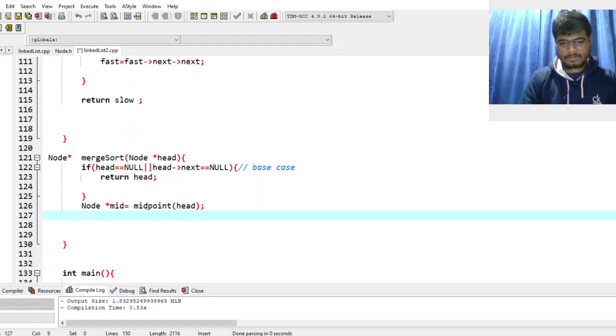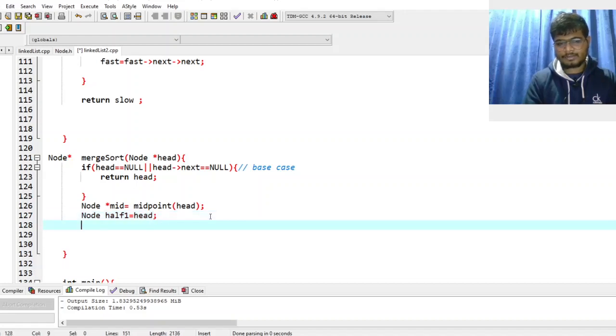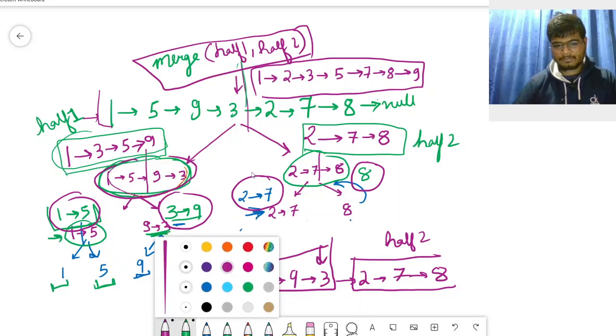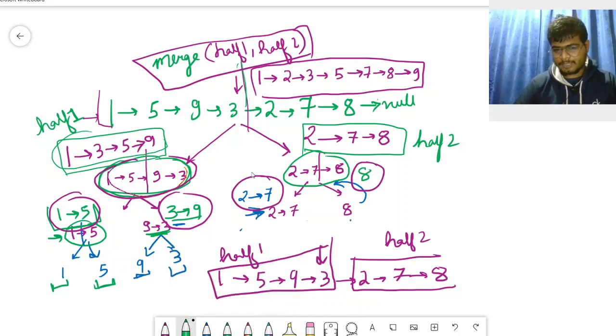So now I have called the mid, and now I'm going to have our half 1. What is half 1? Your half 1 is the part from head till your mid. This is your half 1 part. This was actually the head, the original head, right?